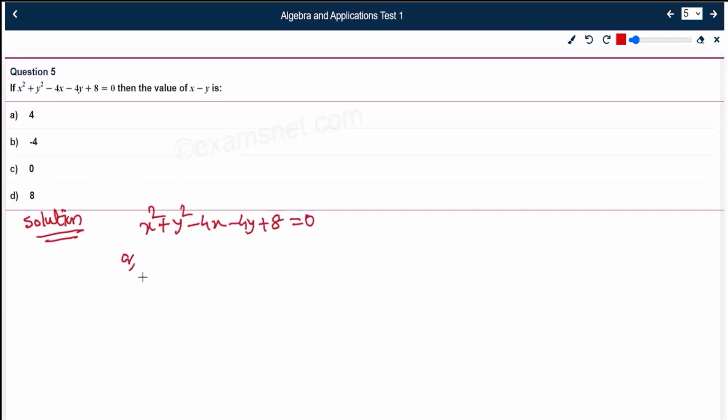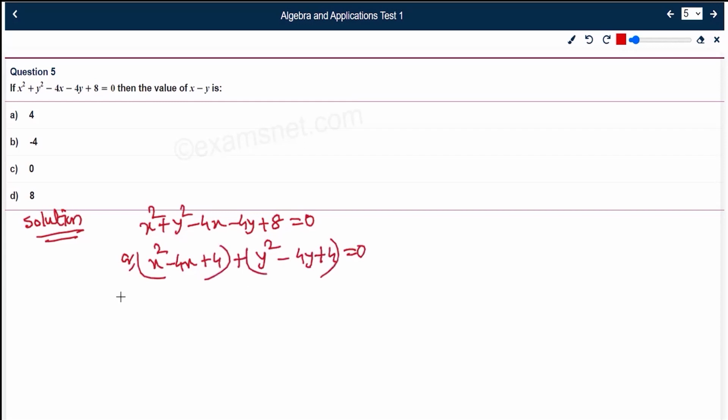Next, we will organize the terms in such a way that we can extract a formula from it. If I group x square minus 4x, and this 8 can be written as 4 plus 4, so one 4 will be associated with the first grouping, and the second group we can make y square minus 4y plus 4 equals 0, correct?